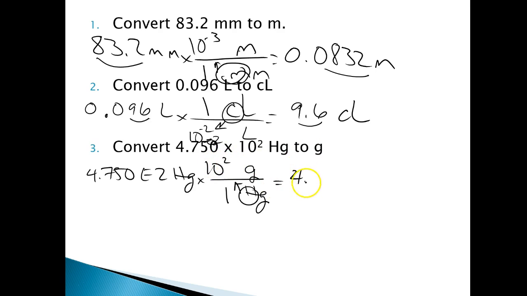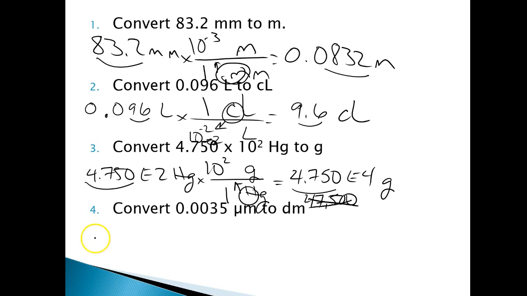So you get 4.750 e to the 4th, or your calculator might say 47,500. Okay. In terms of sig figs, though, this has 4. That means you have to leave it like this. You can't leave it like the 47,500 because that has 3 sig figs. Stick a decimal in there, and all of a sudden it's got 5 sig figs. So this is the only option, not this.